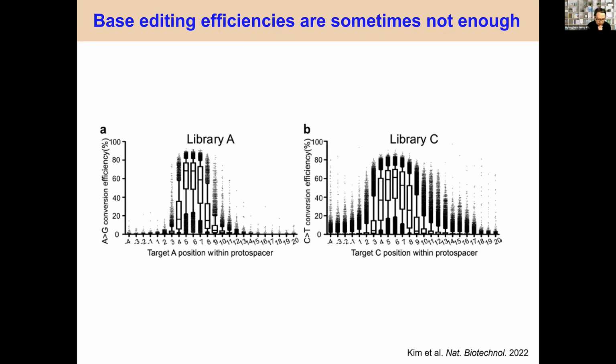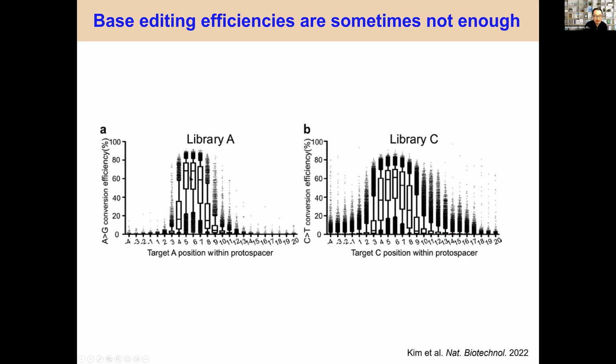In addition, more importantly, base editing efficiencies are not 100%. This is the base editing efficiency that we measured depending on the target sequence position. The PAM sequence is here, so position 20 is next to the PAM sequence, and position 1 is the starting point of the guide RNA binding sequence.